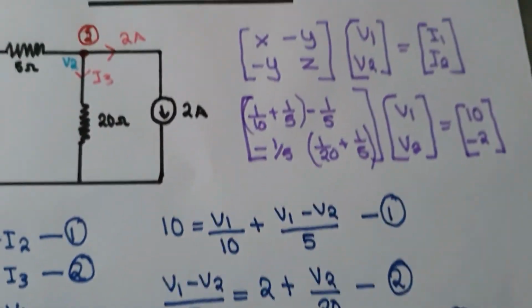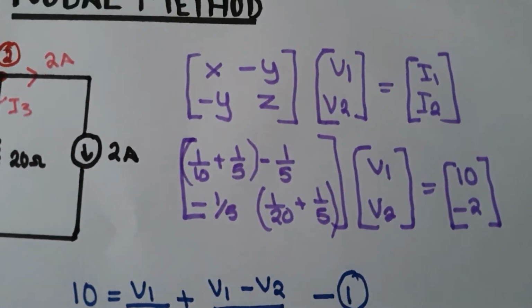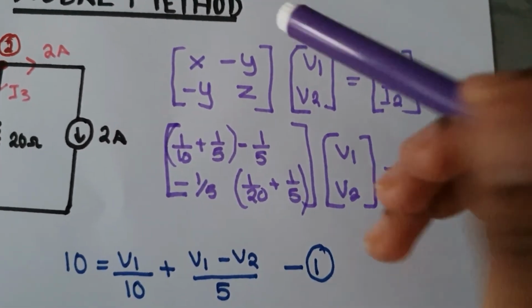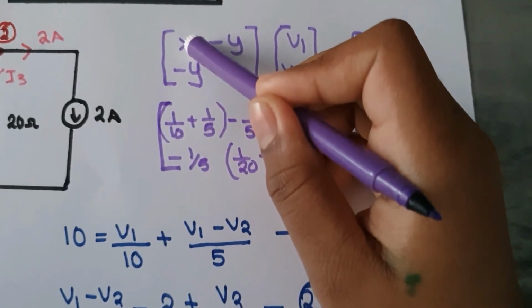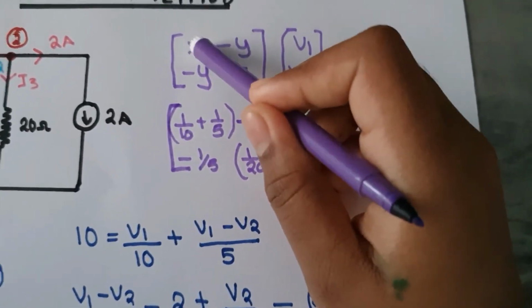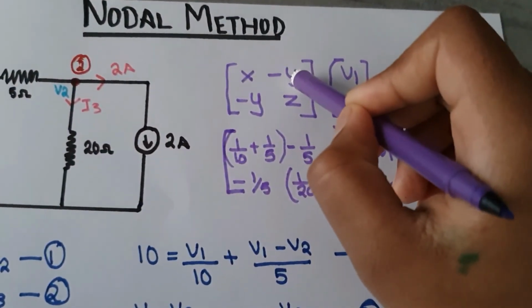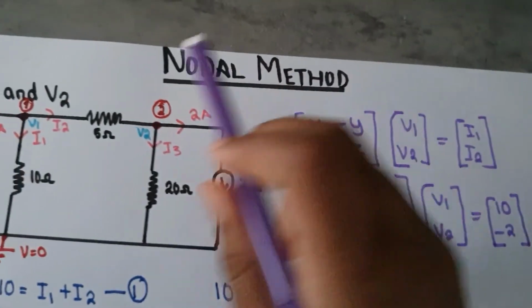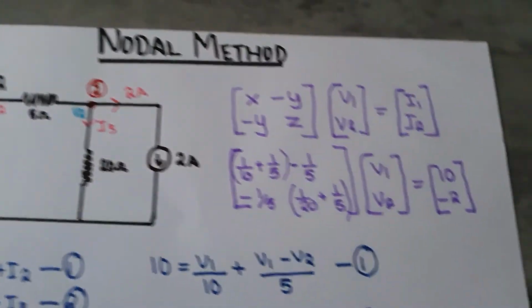You can directly do it instead of doing all these steps. You can just skip all the hard work. So I repeat how to do this. X is the sum of reciprocal of all resistance connected to node 1. Y is the reciprocal of the resistance that's common to node 1 and 2, and it will always be negative.